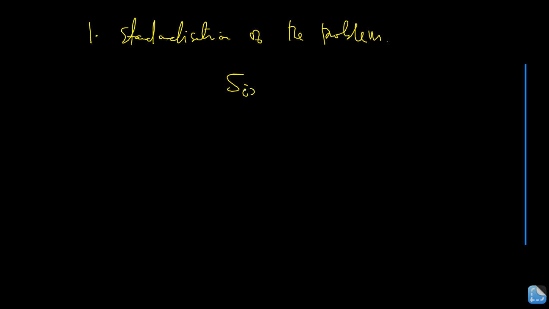This i can stand for any value. It can be 1, 2, 3, 10, 11, depending on the number of decision variables you have in the question.